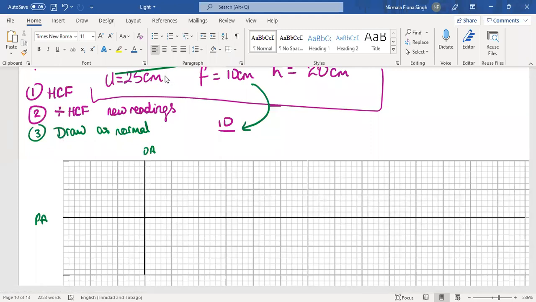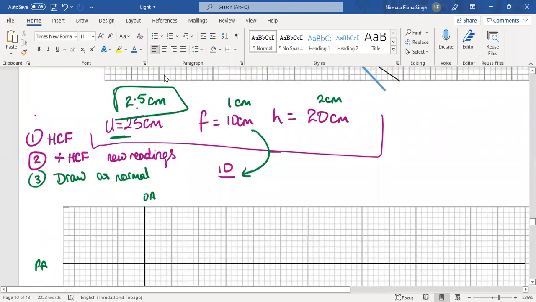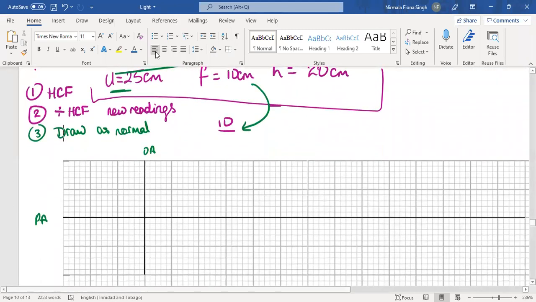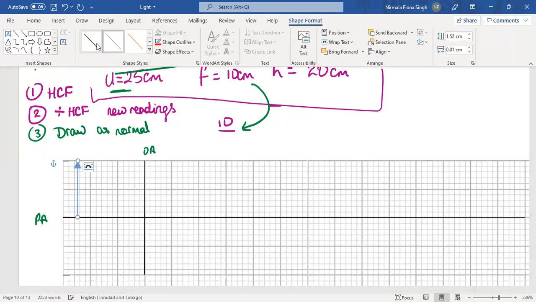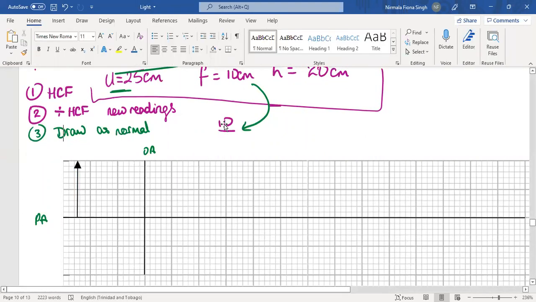My object is 2.5 centimeters away from my lens, and it is 2 centimeters high. So let's see where 2.5 centimeters is. Let's get the arrow. This is 1, this is 2, 2.5 is about here. And it's 2 centimeters high. Right, so that's my object.